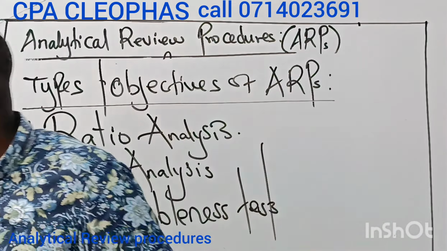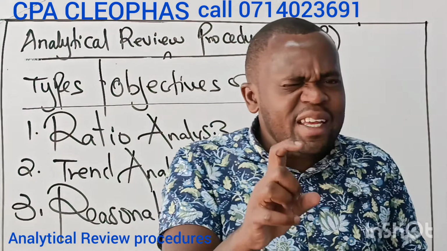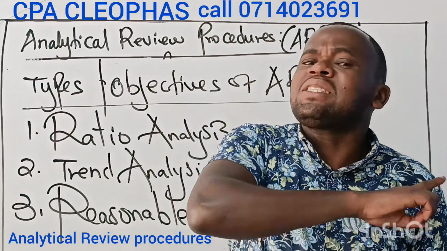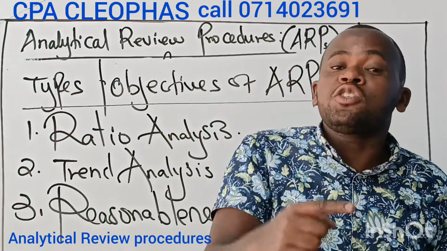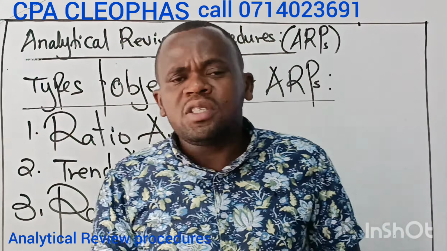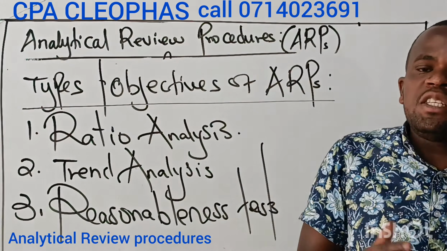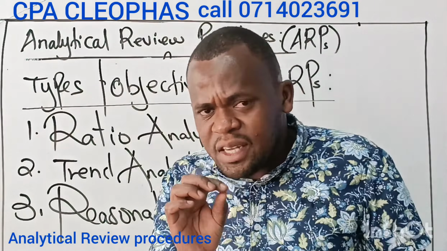For example, let me give this example. You may realize that the salaries for this current period have increased at a very high rate compared to the previous year. For companies, we do not expect that big a difference in salaries from one year to another. We expect at least a slight increase.